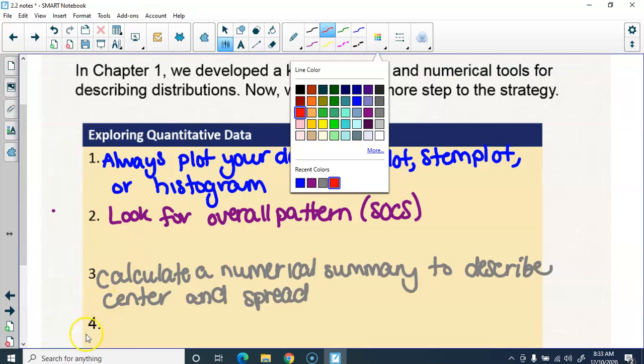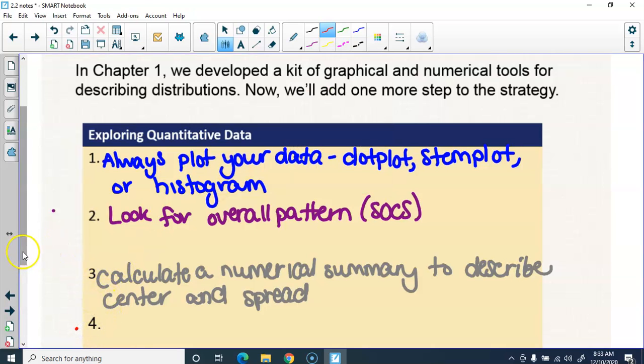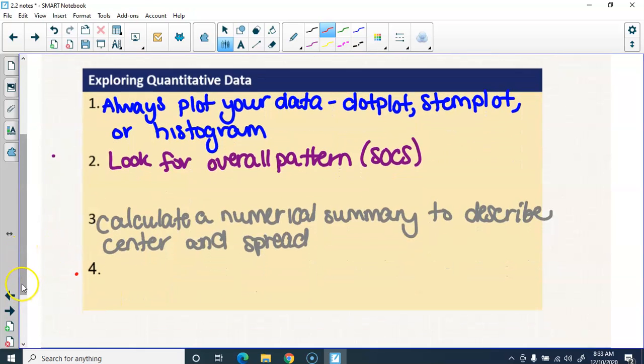And lastly, sometimes the overall pattern of a large number of observations is so regular that we can describe it with a smooth curve.